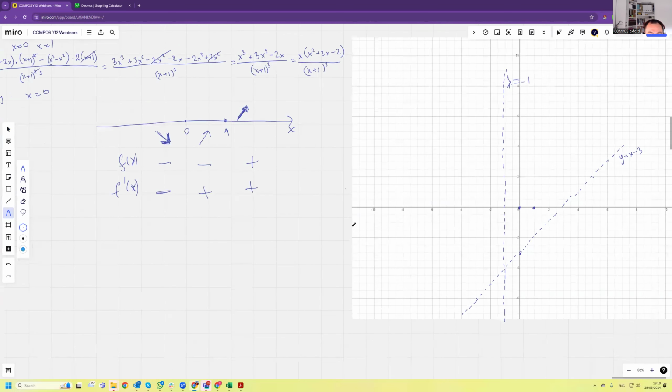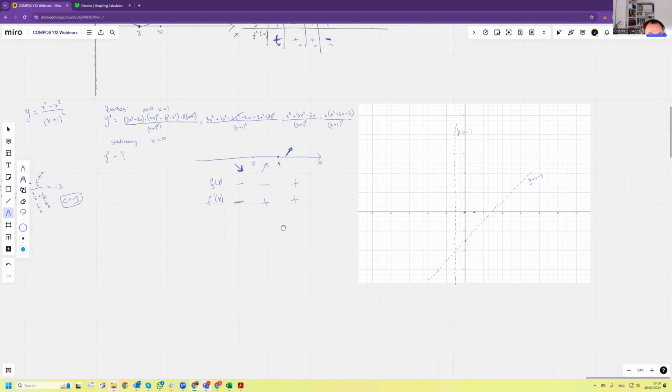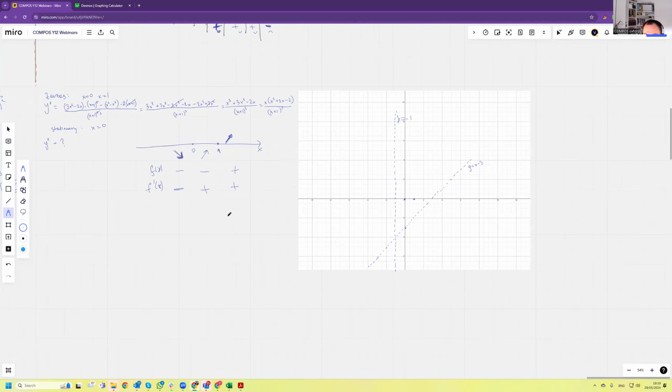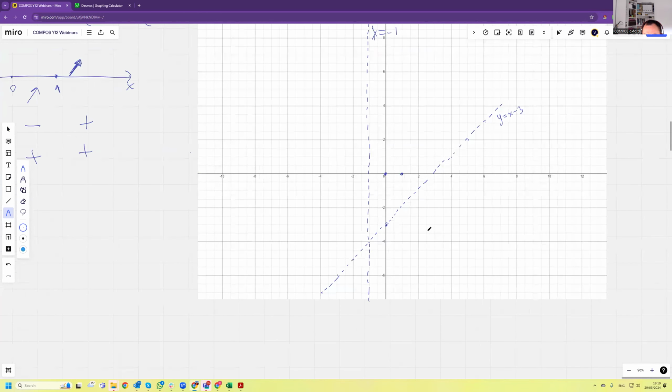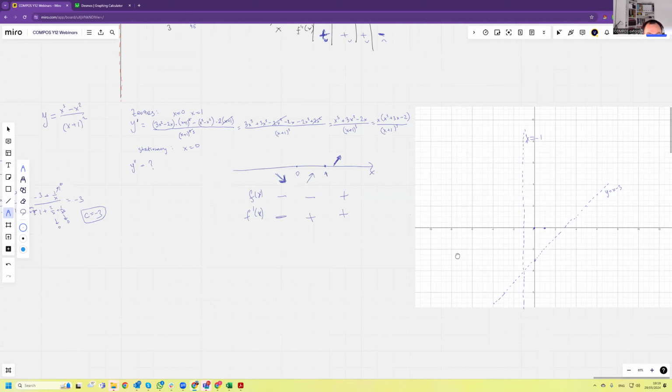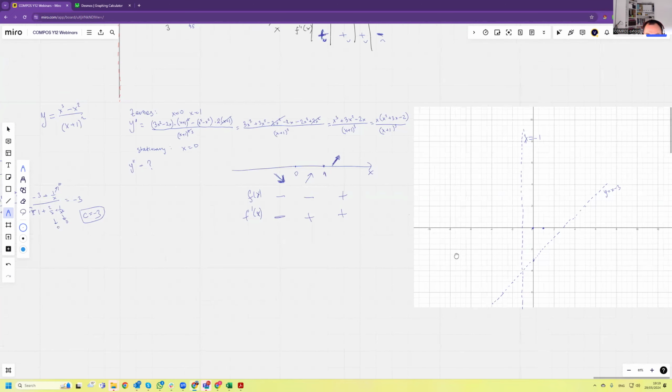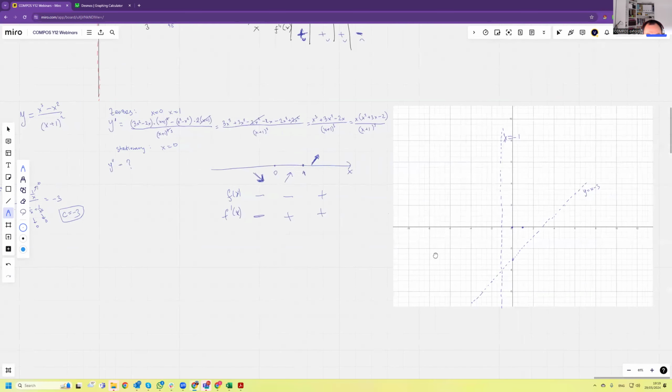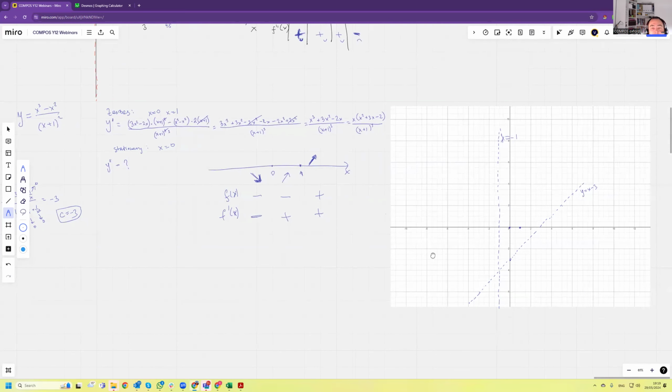And the stationary point is 0. Maybe 0 is not a stationary point. But it is.